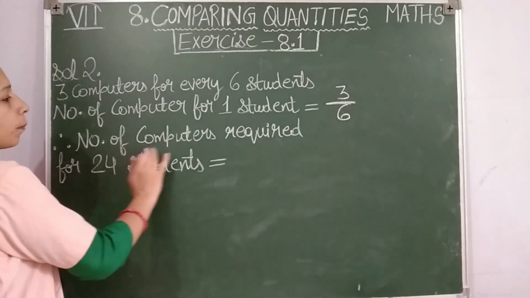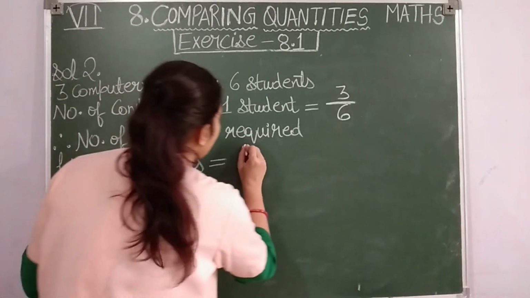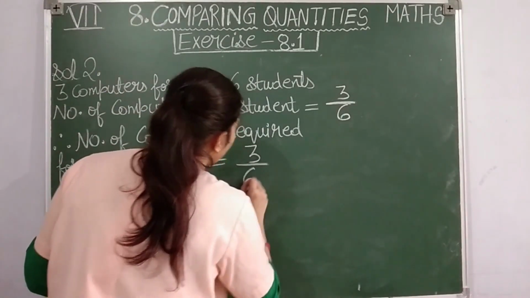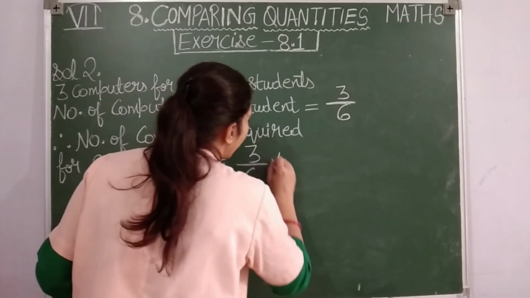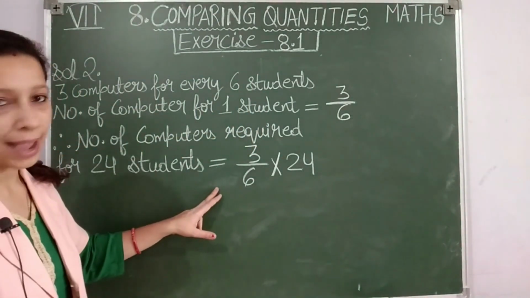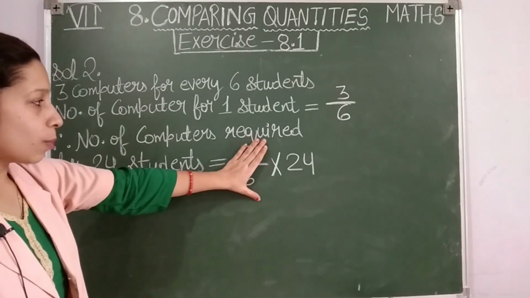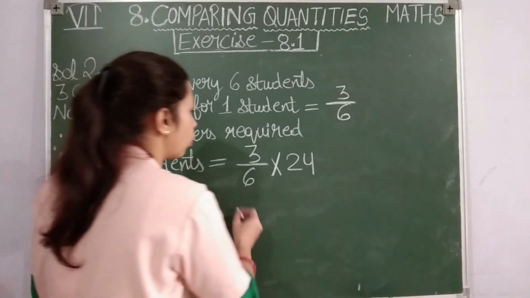Now, therefore, number of computers required for 24 students. How to write? If one student is using 3 by 6 computers, then for 24 students you are going to multiply. Okay, so computers used by one student into 24 students. Let us see how to multiply.